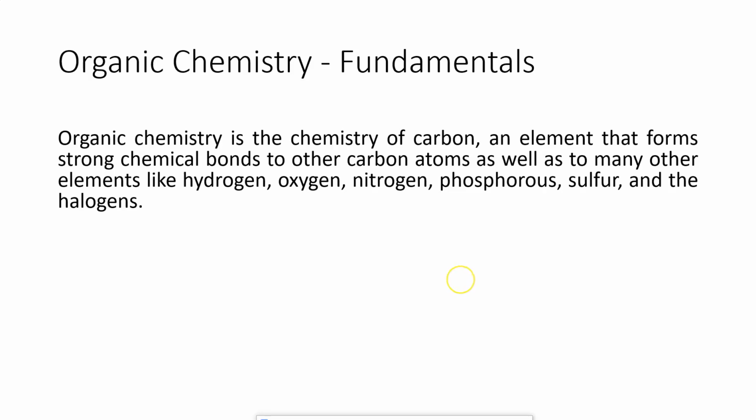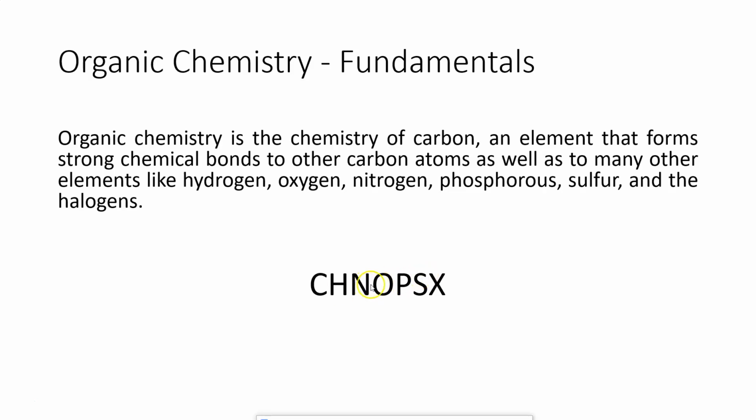Now, if we want to write the formula of an organic molecule, we are going to write first the carbon with the number of carbons here, right? And then hydrogen, and then if we have any other element present in the molecule, we are going to follow this order.